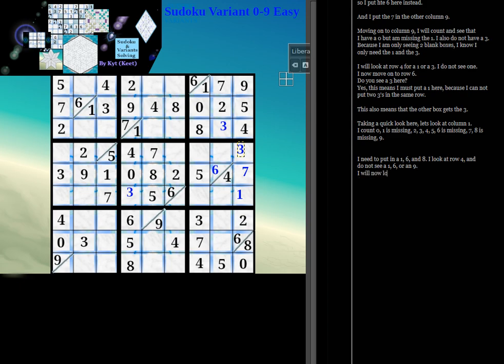I will now look at row 6 and I find a 1 and a 6. This means I must put the 8 here.